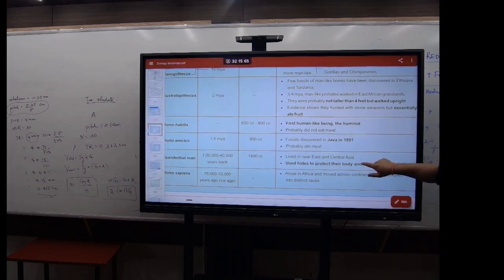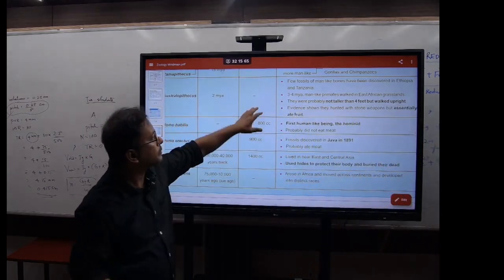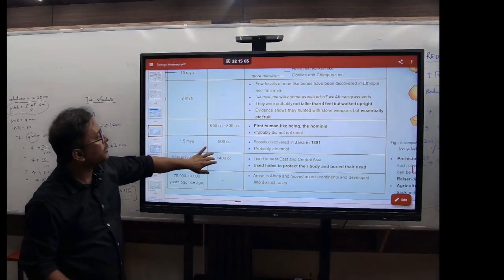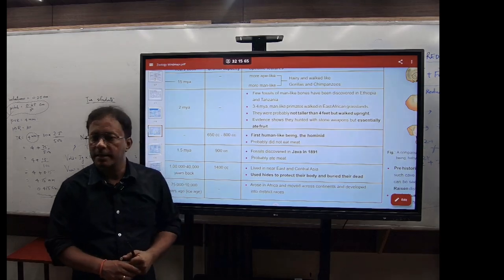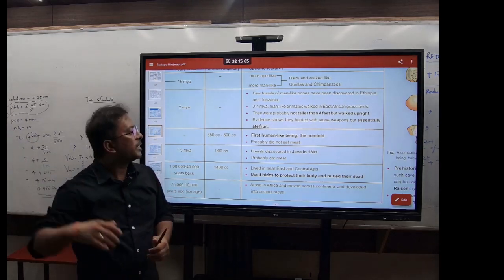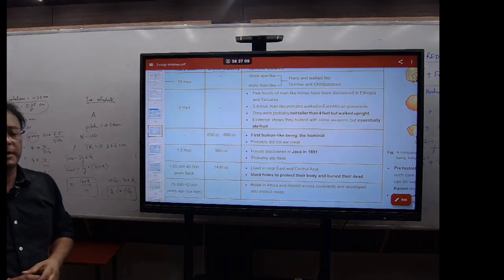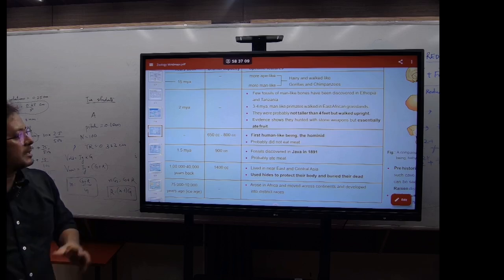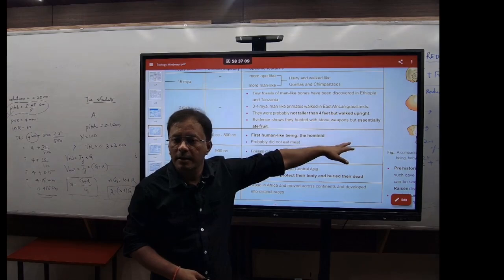Next comes the Australopithecus, existed around 2 million years ago. And we found the species fossils in Ethiopia and Tanzania. Around 3 to 4 million years ago, there were man-like primates walking in East African grasslands. They were not taller than 4 feet, but walked upright.